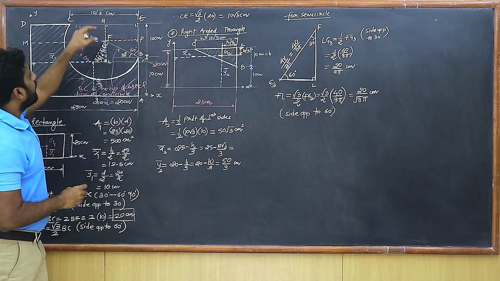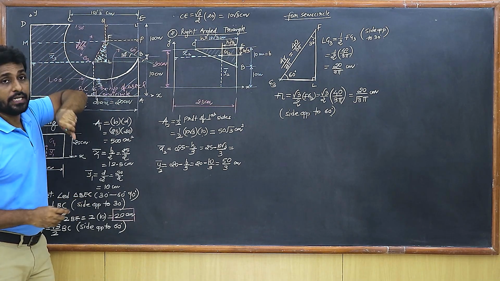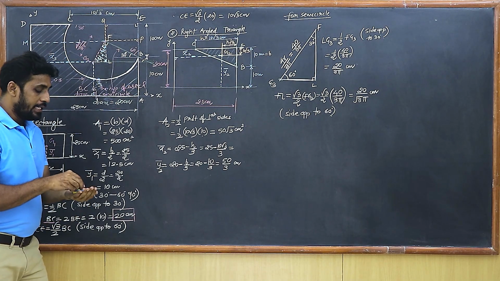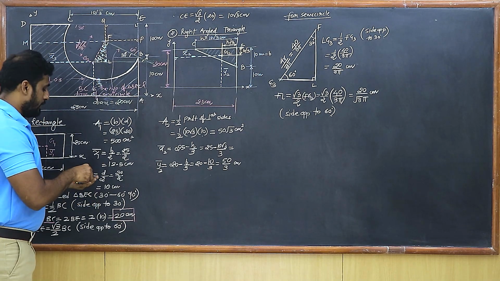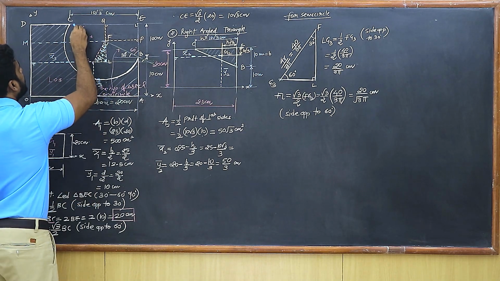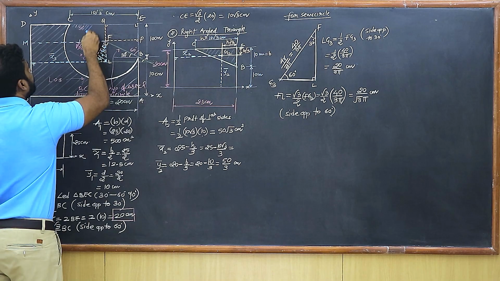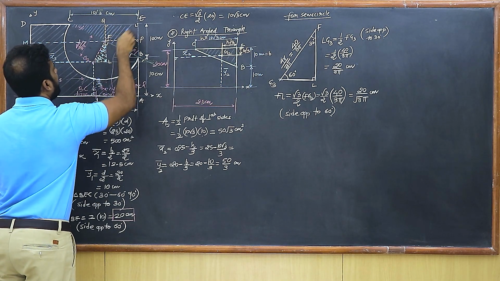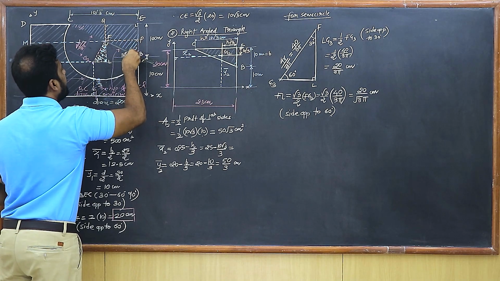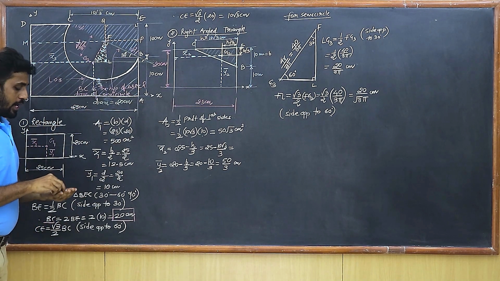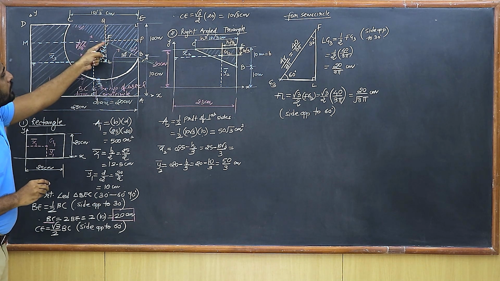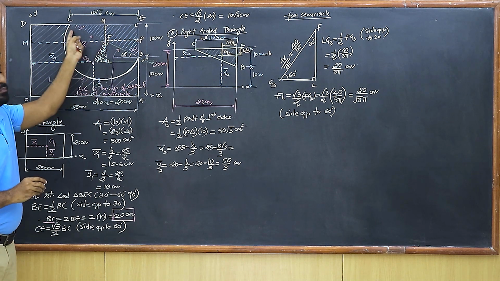Now students, I want to get the length of FQ and FP. Let's focus our attention on this bigger triangle BEC, the right angle triangle BEC. Now students, for the triangle BEC, who is this point F for side BC?